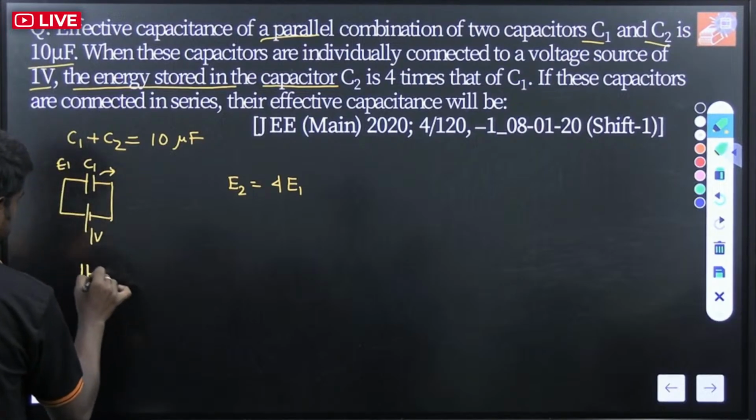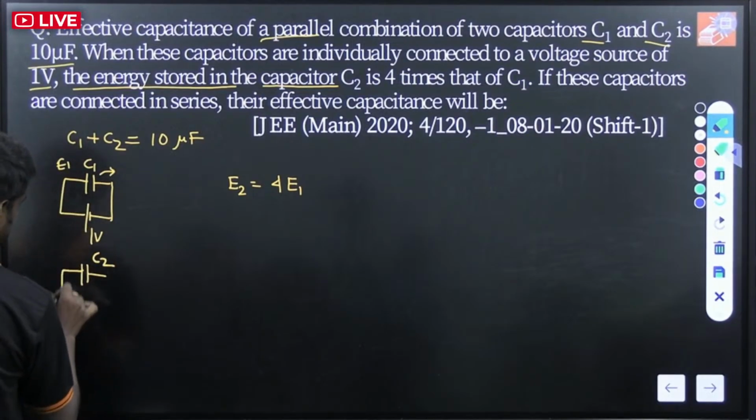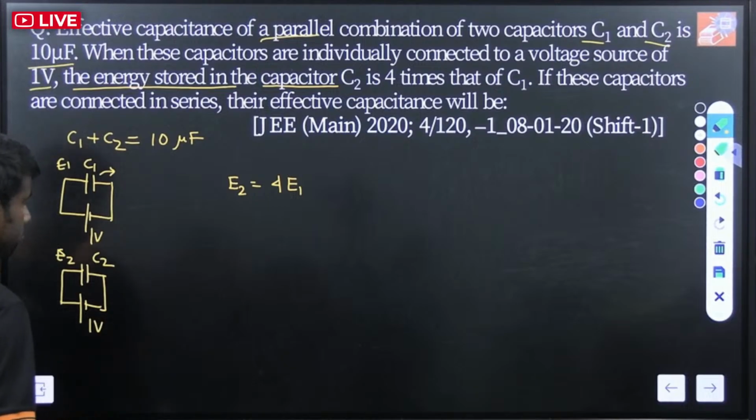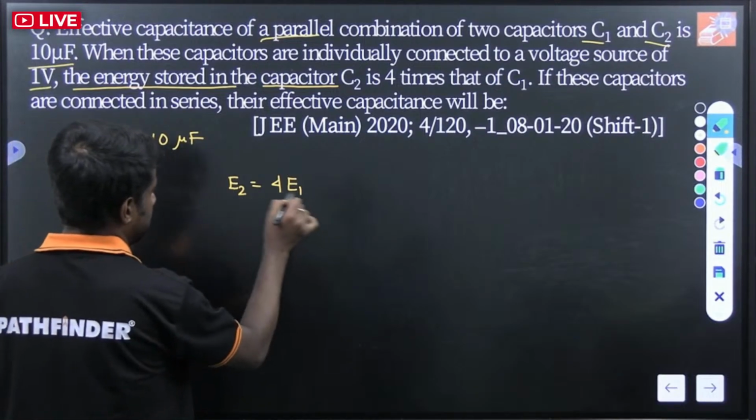Similarly we have taken the C2 capacitor where the energy stored is E2, with the same 1 volt connected. So now according to the question we have this.